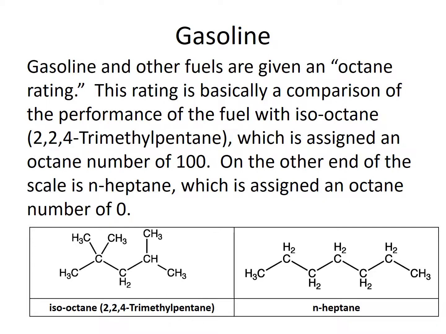And then on the other end of the scale is a 7 carbon straight chain alkane called n-heptane or normal heptane, and that's been assigned an octane number of 0. It's not that it doesn't have any energy, it has just been given the rating of 0, and then comparisons can be made on a scale of 0 to 100.